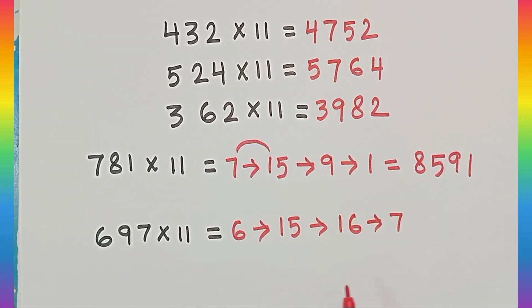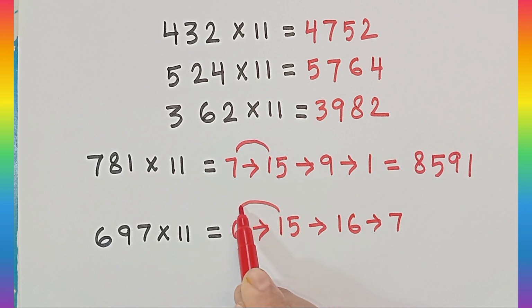I am repeating again. Step 1, write the first digit. Step 2, add first and second digit, 6 plus 9, 15. Step 3, add second and third digit, 9 plus 7, 16. Step 4, write the last digit. There are two carryover cases. You have to carry 1 to 6.